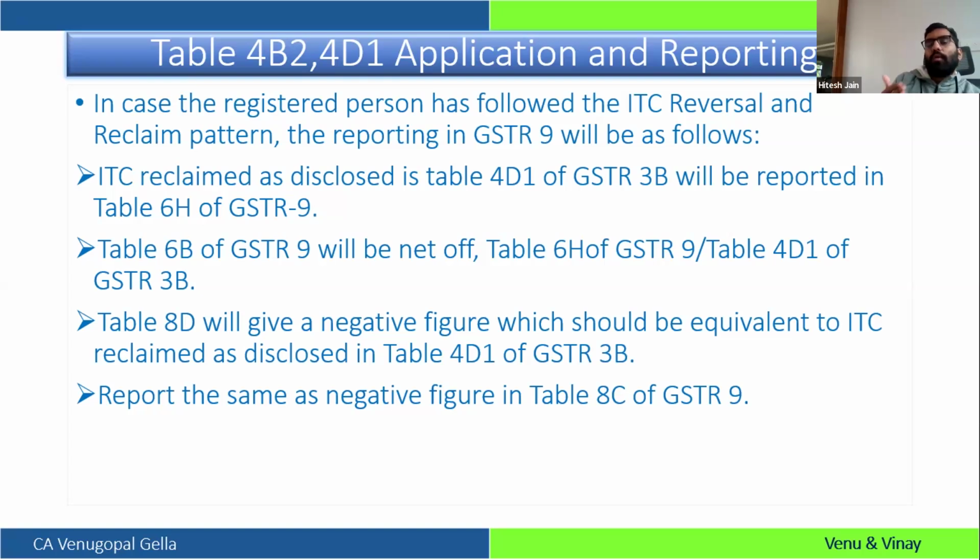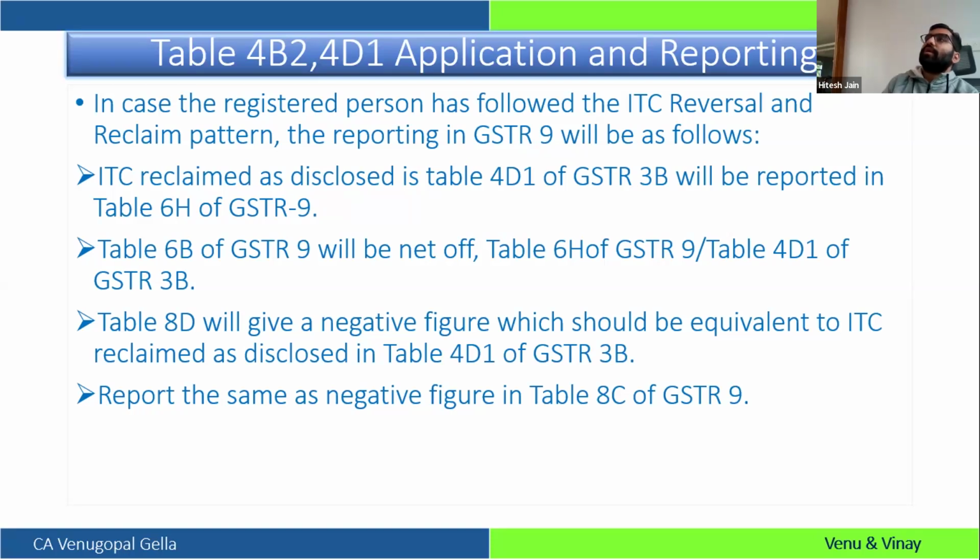So in this case, when my figures got auto-populated in table 6 of GSTR 9, the inflated figures got auto-populated. Had the figures been auto-populated as 4A5 minus 4D1, the issue would not have arisen. But since the auto-populated figures are not getting netted off with the disclosures made in table 4D1 of GSTR 3B, that is why this issue is arising.